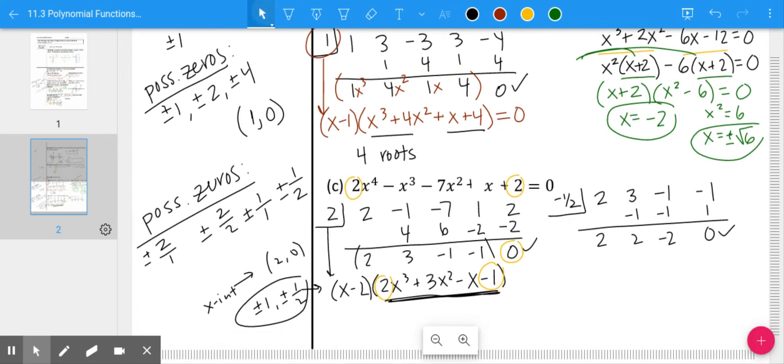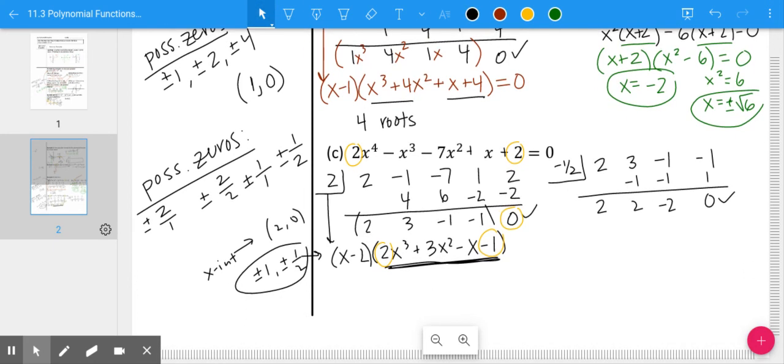So I still have my original factor. Let's see how much space I have here. Oh, good. I still have my original x minus 2. I took this cubic and I said, well, I've also got a factor x minus 1/2. I'm sorry, x plus 1/2. And then here's the resulting factor, 2x squared plus 2x minus 2.